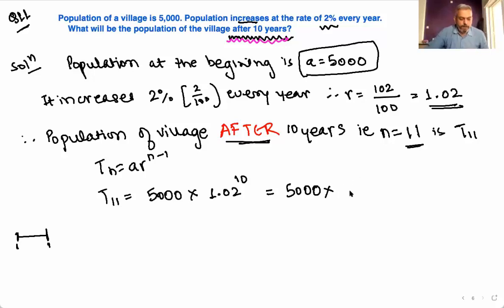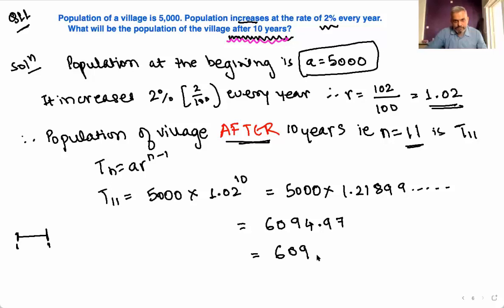It is 1.21899 on and on into 5000, which is equal to 6094.97. Because it is population, people can't be in fraction, so we round off, it will be 6095 persons.